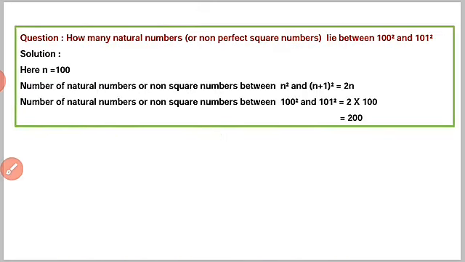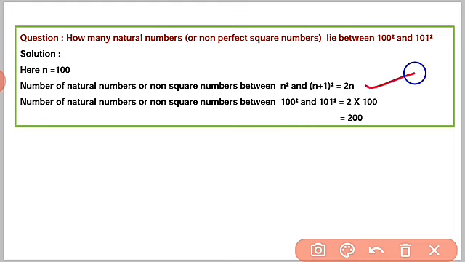So let us understand this concept by a question. How many natural numbers or non-perfect square numbers lie between 100 squared and 101 squared? Here we know that the number of natural numbers or non-square numbers between n squared and n plus 1 squared is equal to 2n.